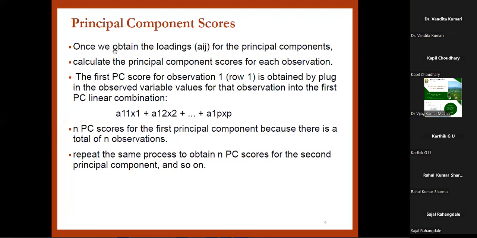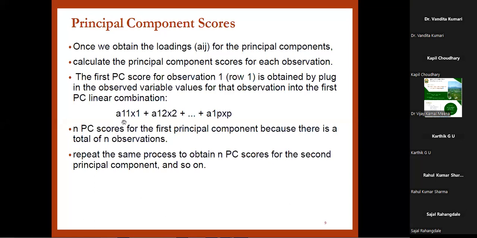So once we have obtained the loadings, the values A11, A22, and so on, of the principal component, then we calculate the principal component score for each observation. So what would be the first principal component score? It will be obtained by plugging the observed values of that observation into the first linear combination.